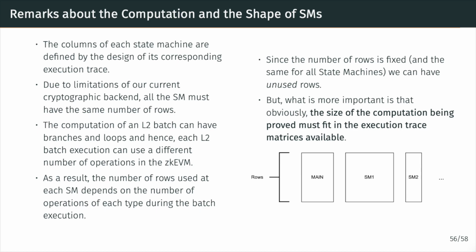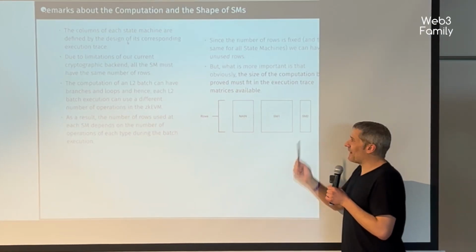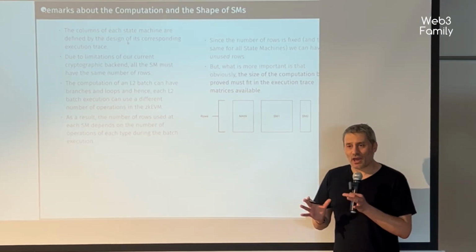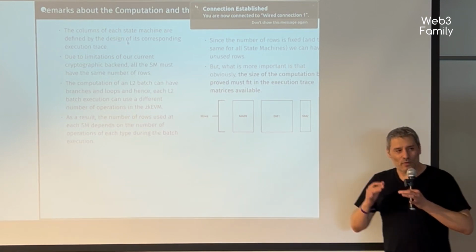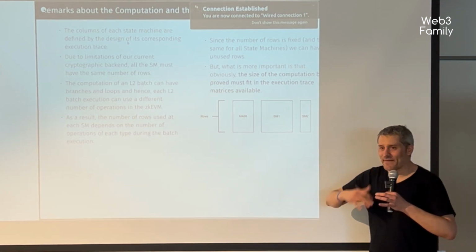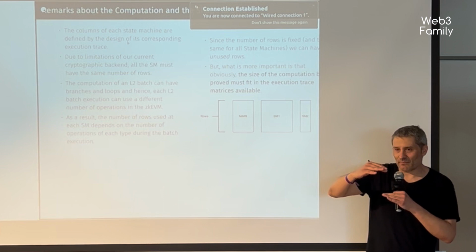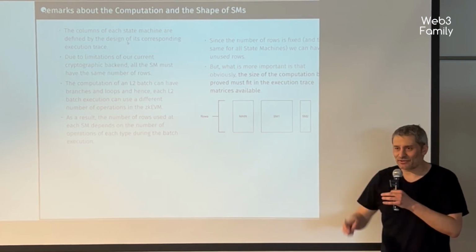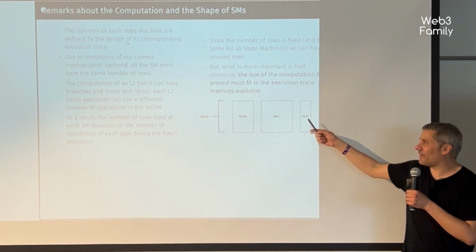And currently, these matrices have a fixed shape, okay? So we have to do a lot of pre-processing to see if the batch of transactions fits or does not fit these matrices.